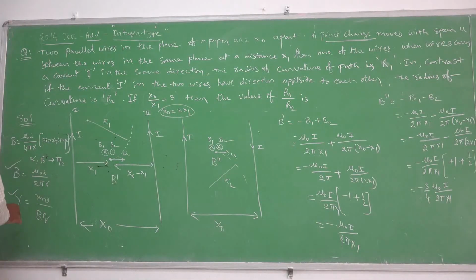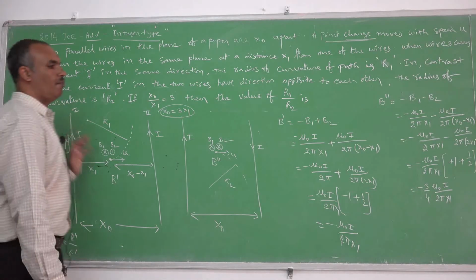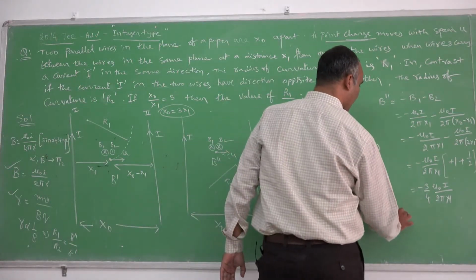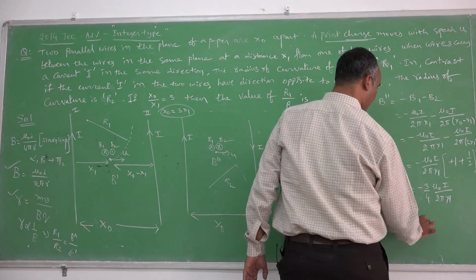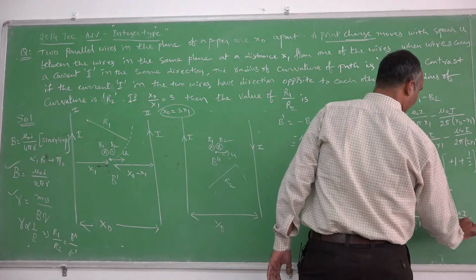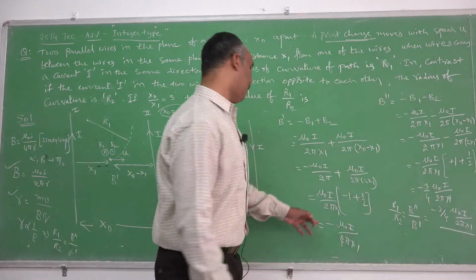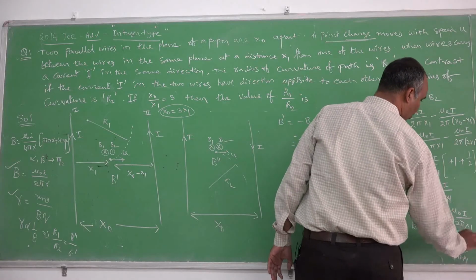In both the cases, the mass of the particle is fixed, the charge on the particle is fixed, and the velocity of the particle is also fixed. So the radius is inversely proportional to the strength of the magnetic field. So R1 by R2 is equal to B double dash by B dash, which is minus 3 by 4 mu naught I by 2 pi x1 divided by minus mu naught I by 4 pi x1.